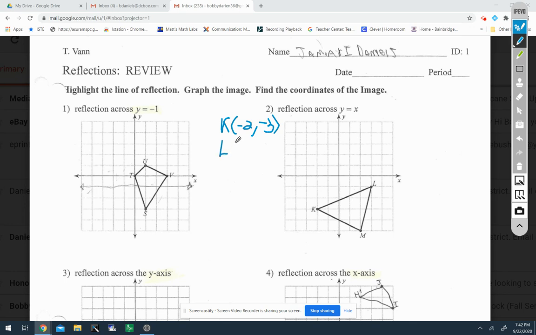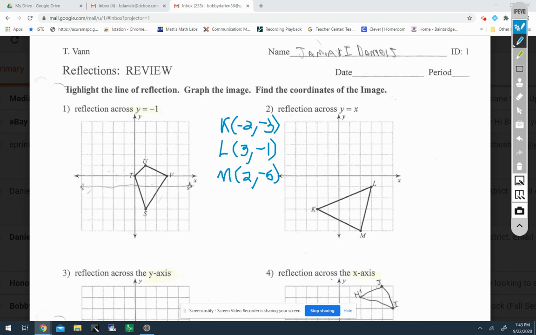So L, the x value is 3, and the y value is -1. It's down 1. Okay, and that's L. M is over 1, 2. X is 2, and down 1, 2, 3, 4, 5, -5.